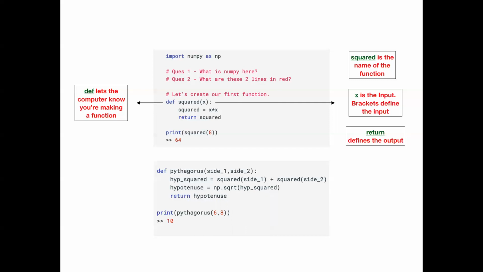And that's the first line. And we store that value into hyp squared, the variable. And then we call numpy from the first line, and we use that to perform a square root and store that in another variable and then return that. So if you remember in Pythagoras theorem, c equals the square root of a squared plus b squared. And that's what we're doing here. Make sense? Yes. Thank you. Yeah, sure. Great.